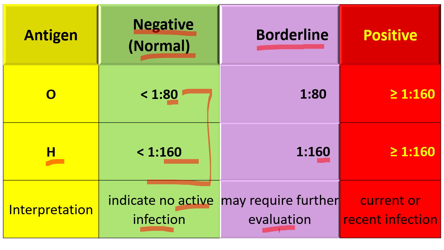Next, positive. When O antigen titer is equal to or more than 1:160 and H antigen titer is equal to or more than 1:160. Clear? It means a current or recent infection.